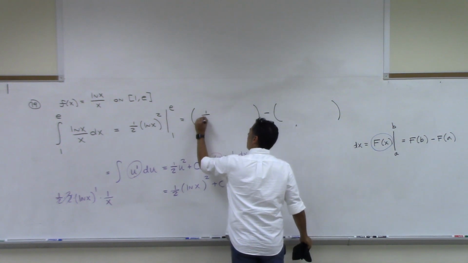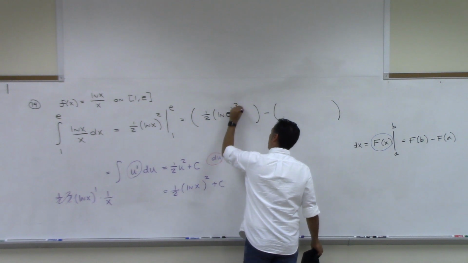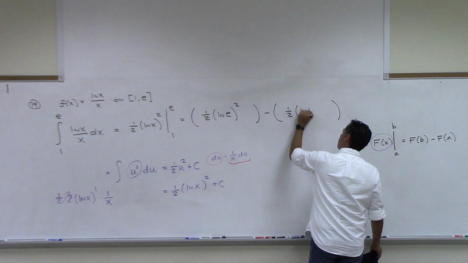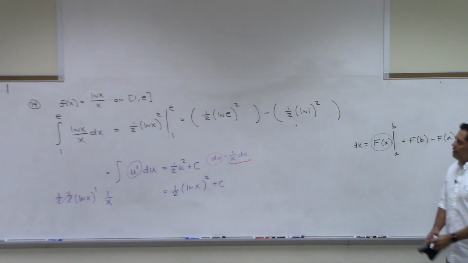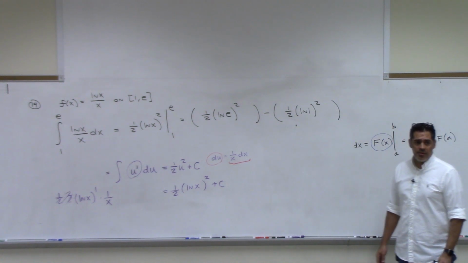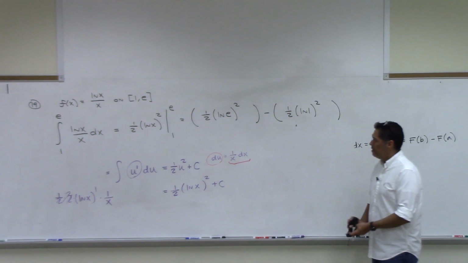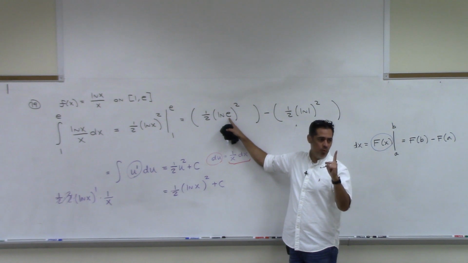So I have 1/2 natural log of e squared, and then over here 1/2 natural log of 1 squared. You actually do not need a calculator here if you remember some stuff about natural log and e from college algebra. When you do natural log and e together, they kill each other off and you just get 1.